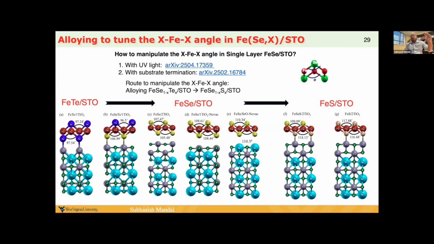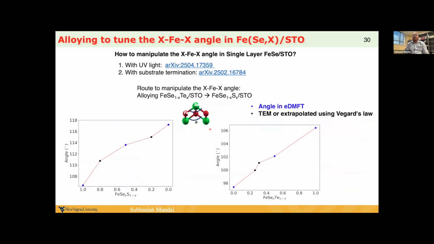And my colleagues, they actually grew this kind of samples, a single layer of various chalcogens on STO. And if we plot this angle with the doping or alloying, you see quite linear behavior.